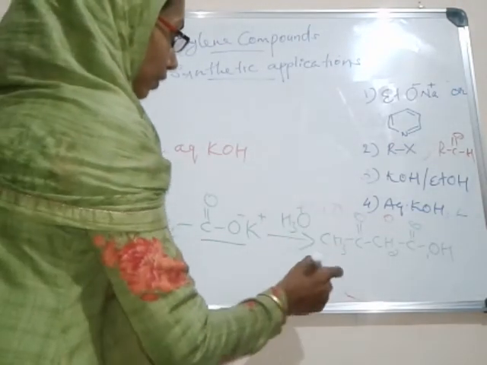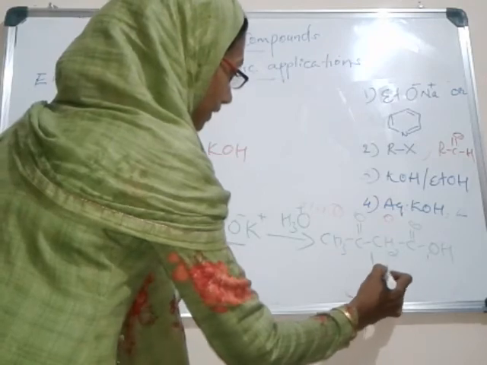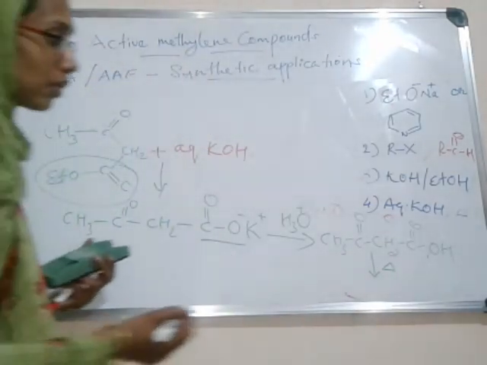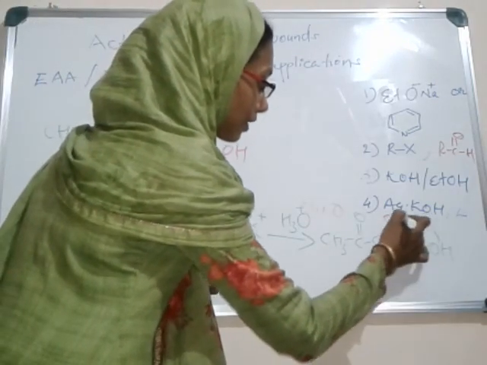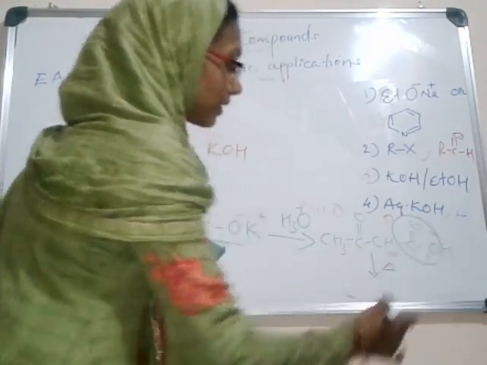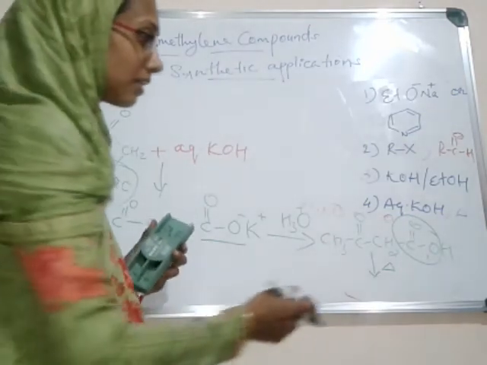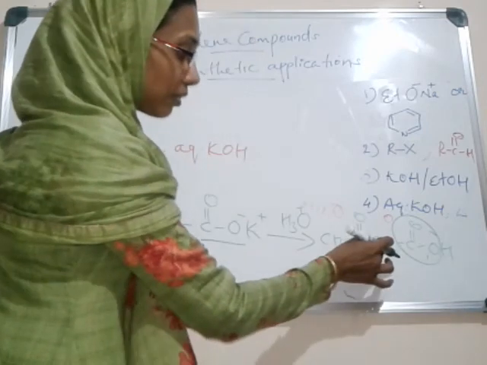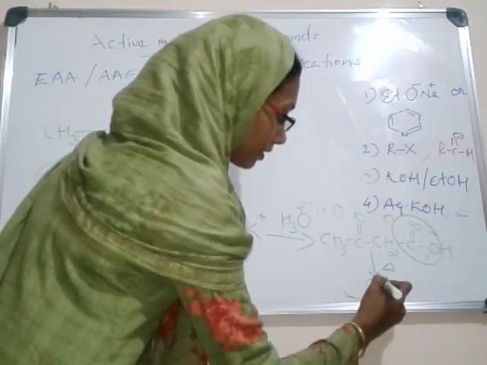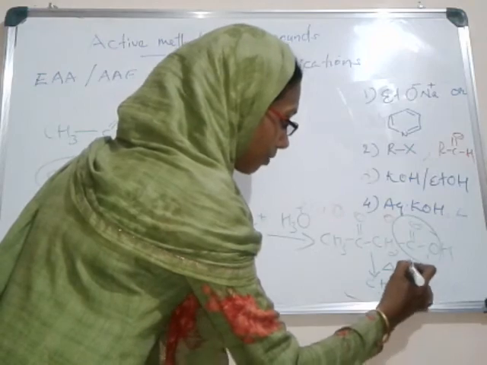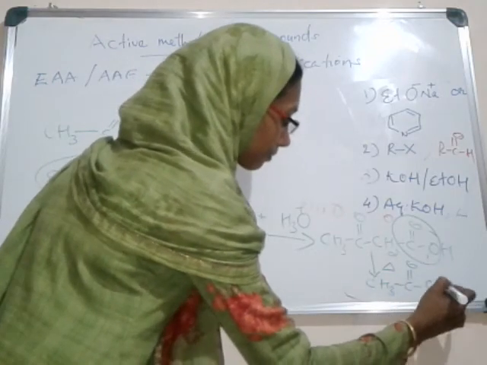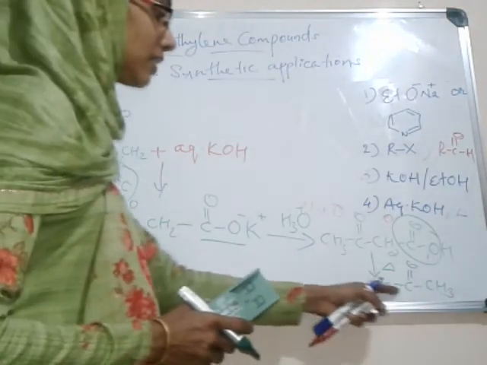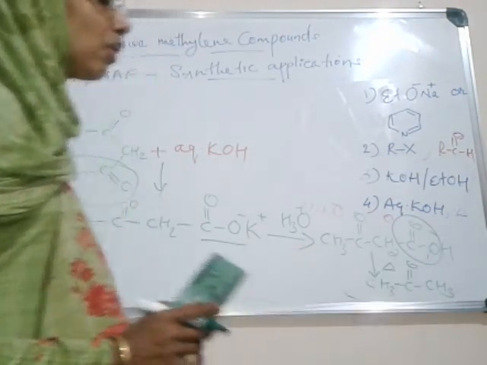Then if we heat this acid, it undergoes decarboxylation. A molecule of carbon dioxide is eliminated with just heating, and this hydrogen is bonded to this carbon, giving CH3-C(=O)-CH3. We get a ketone, acetone.